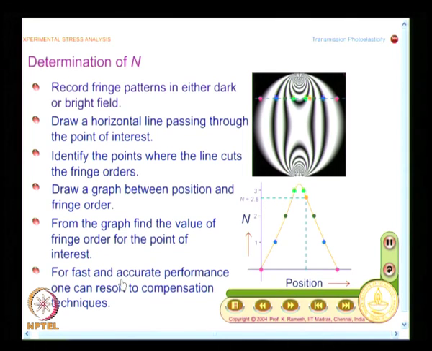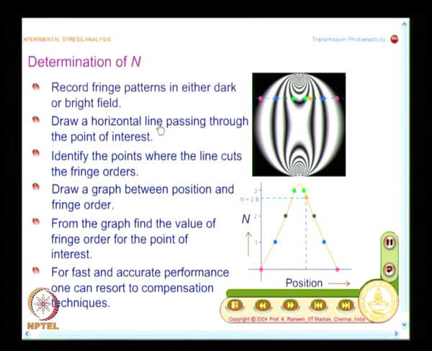But if you want to have a real improvement, you need to resort to what are known as compensation techniques. See, here what you do is you have to take a picture, draw a line and then find out the fringe order. Suppose I eliminate even taking the picture and drawing the graph, then I will have a much better technique, and that is what you do in compensation techniques.